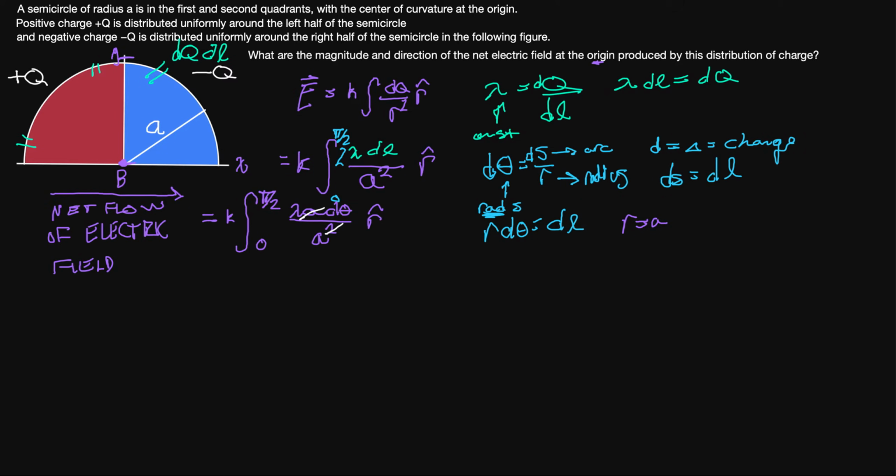And so I need to somehow express that in my equation, because the contribution of each electric field coming from a different dq along this ring is going to be coming at a different angle towards this origin.